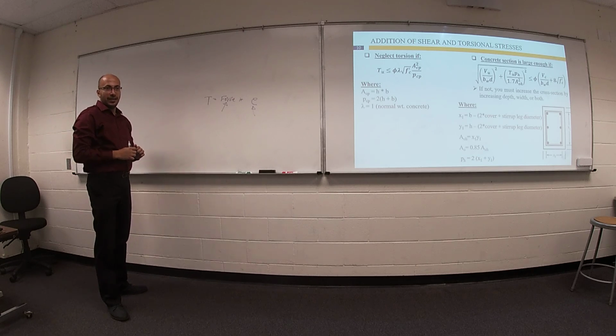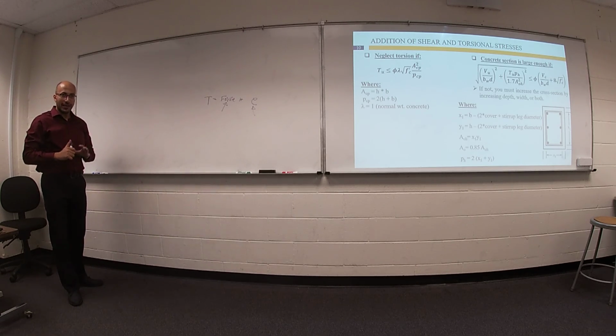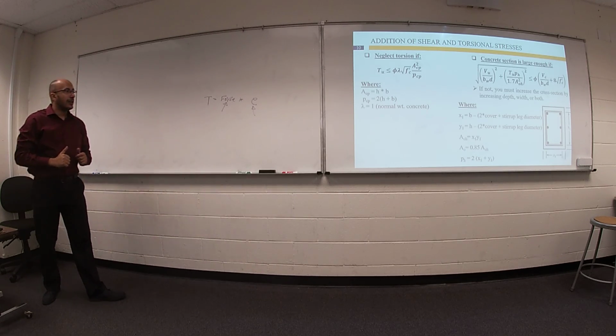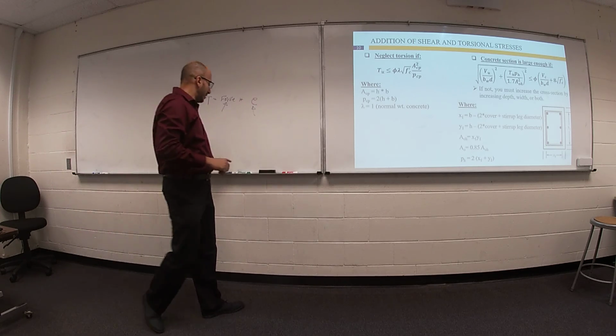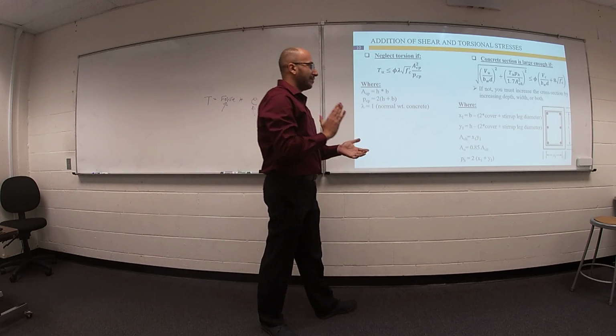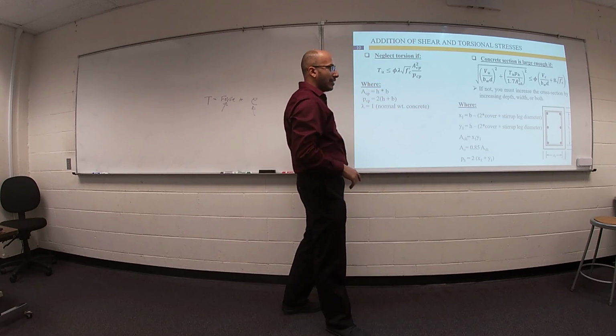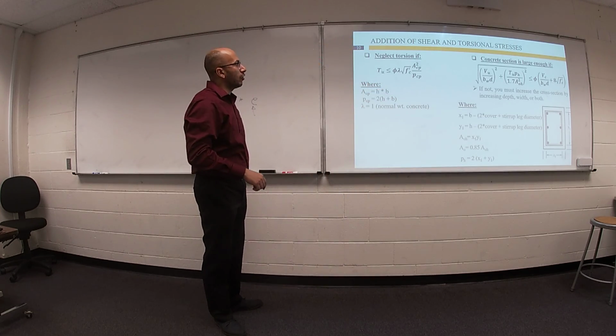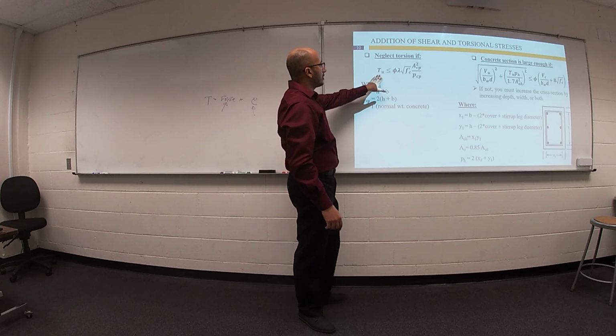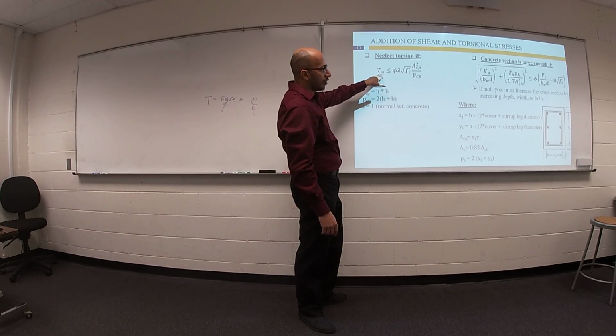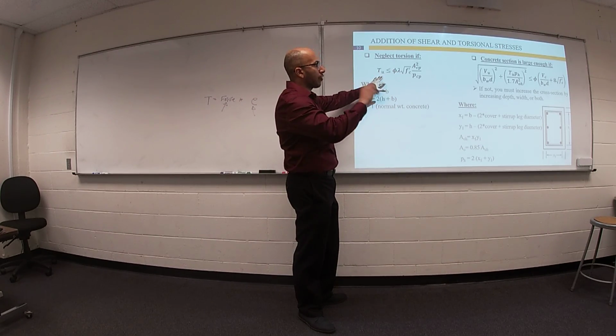Of column in your building. Okay? Anyway, from structure analysis, we didn't cover this in the structure analysis course, but software can tell you what the torsion on your building, beam or column is.